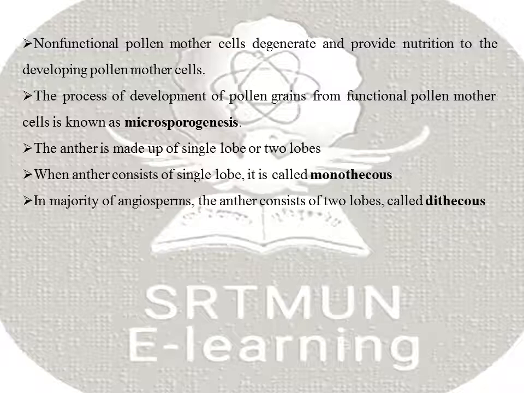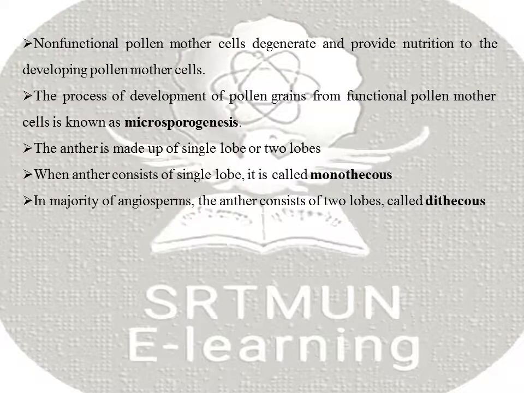The anther is made up of a single lobe or two lobes. When an anther consists of a single lobe, it is called monothecous. In the majority of angiosperms, the anthers consist of two lobes, called dithecous.